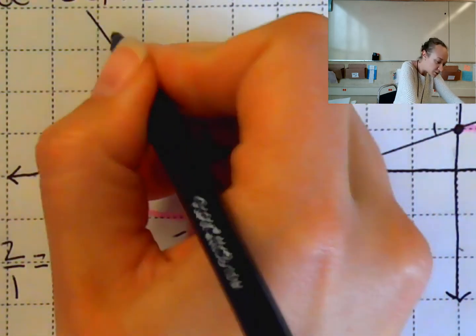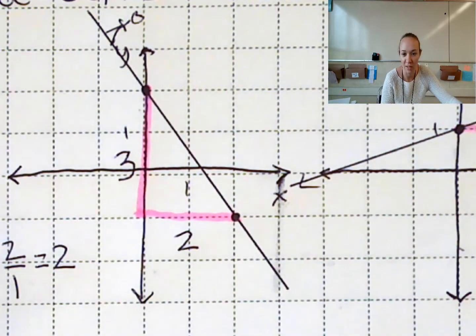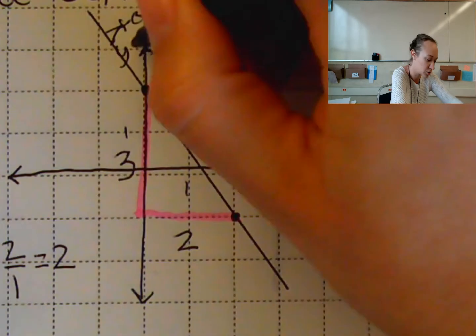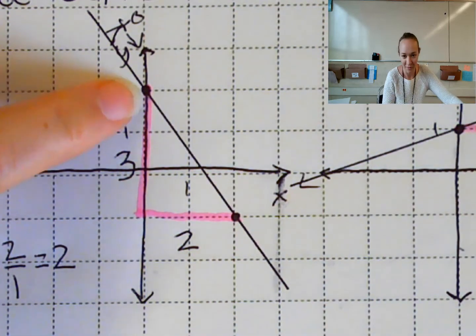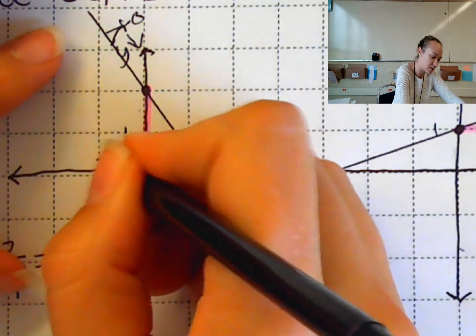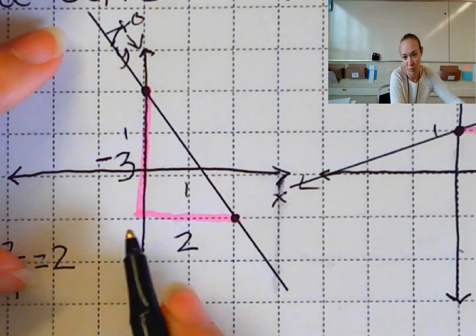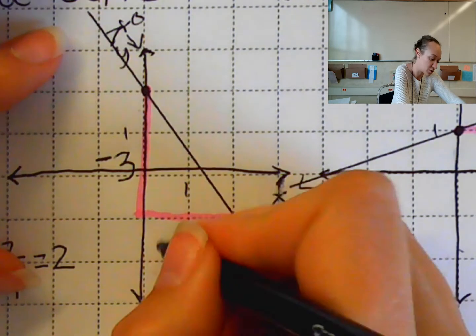Sometimes people just draw a little slope dude walking, and this guy's gonna fall down the hill because he's going down. So the y value went down, so we make this a -3. And then the x value went over to the right, so that's a +2.